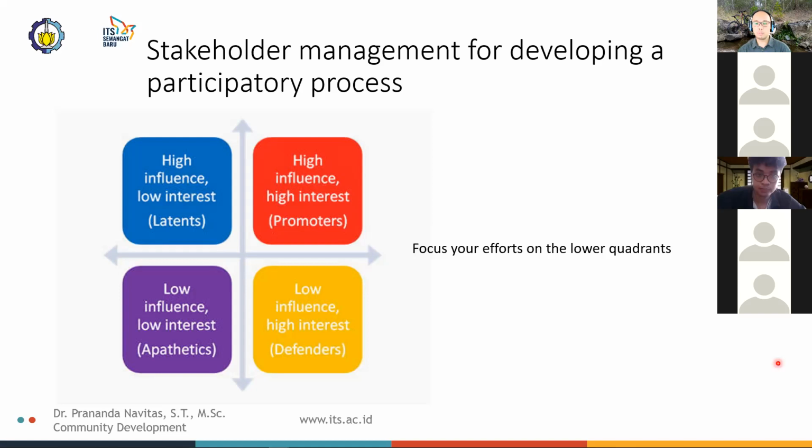That means working with the promoters to explain the concept of participation fully and to convince them that pulling all stakeholders in is the best way to accomplish your and their goals. They might also serve as mentors or partners to those who are not used to having seats at the table.